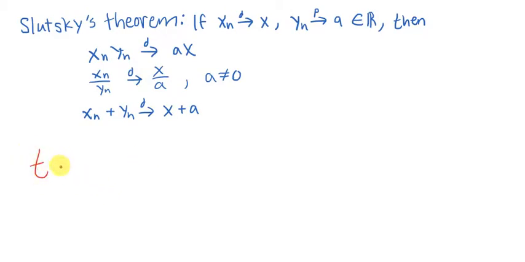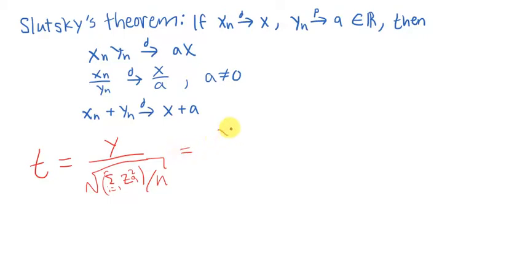A t-distribution is the ratio of a standard normal random variable divided by the square root of the sum of squares of n standard normal random variables, divided by n.